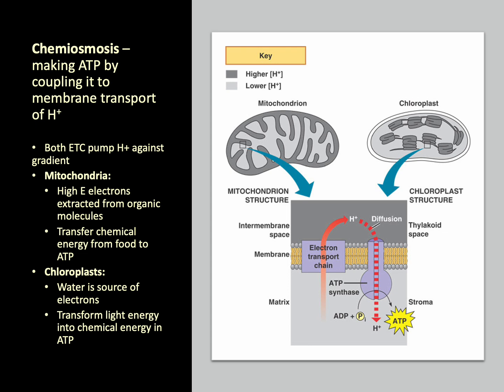So this whole process is also an example of what's called chemiosmosis, where you're coupling the production of ATP with the movement of an ion, in this case a proton. I want to remind you, I know you're learning about photosynthesis and the chloroplast and how they're doing it. And in a chloroplast, the high proton environment is the interior of the thylakoids, right?